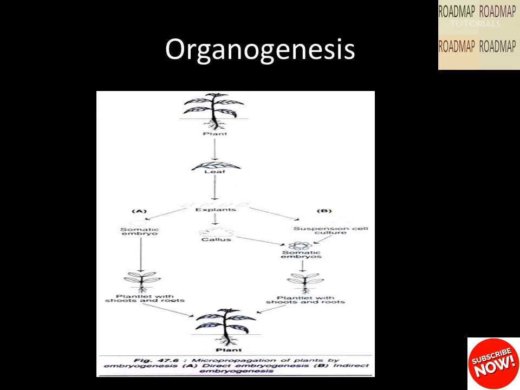From the figure you can see more clearly that from a plant, an explant, a leaf, is taken, and from this explant the callus formation does not take place, and the suspension culture medium stage is not there. So the term direct adventitious organ formation is used for direct organogenesis.